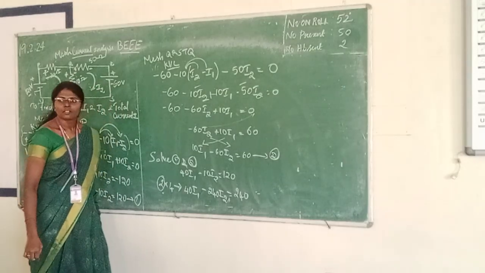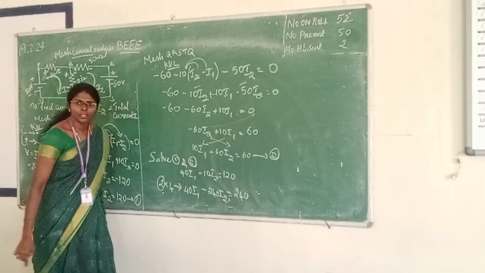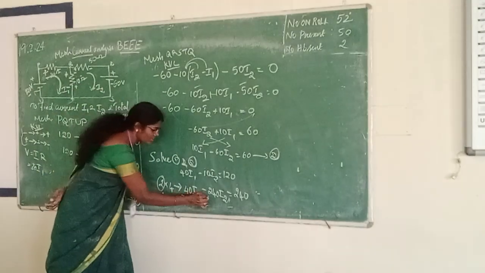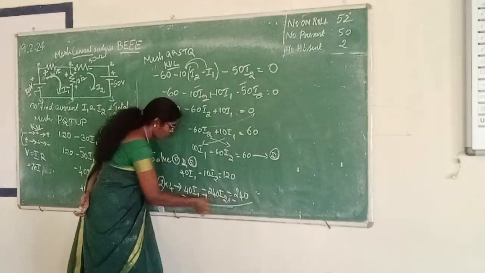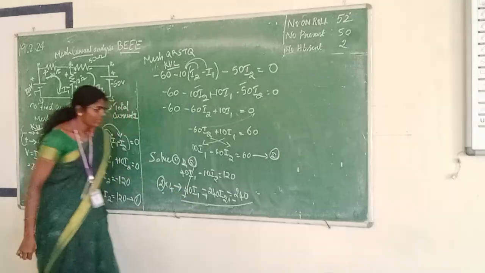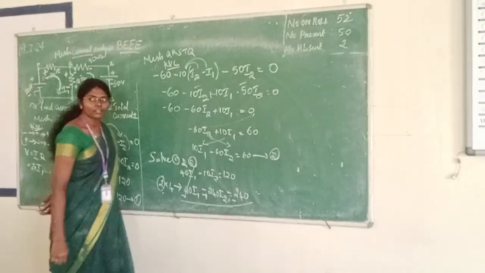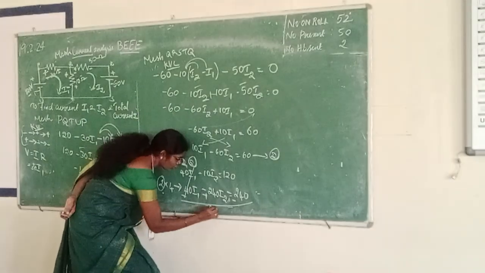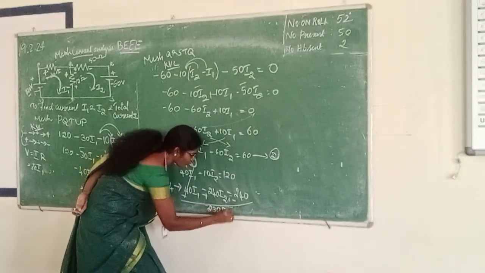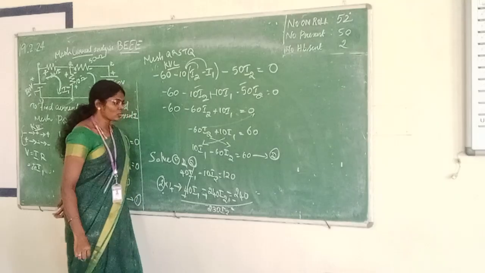Correct, right? Shall we change the sign? Minus plus minus. If we change the sign, this will cancel. What about this? 240 minus, that is 230 I2, is equal to what? Minus 240.